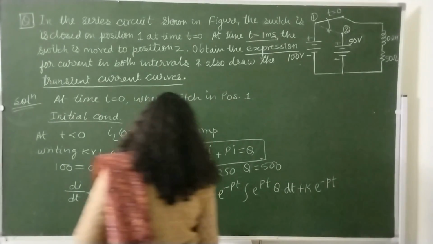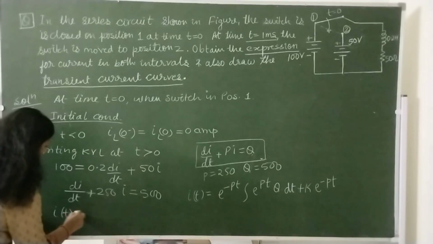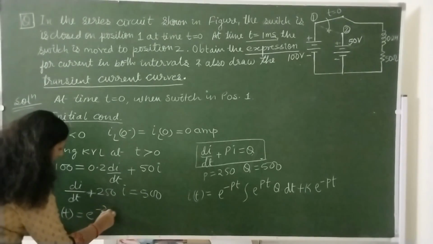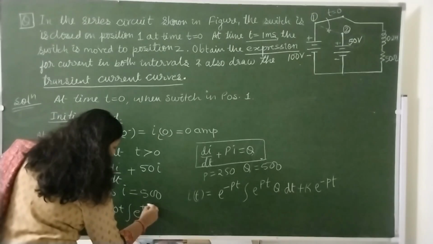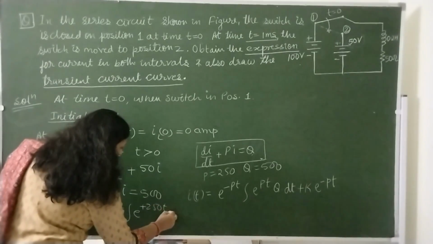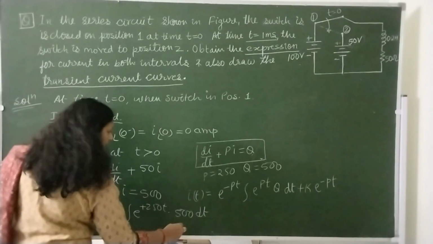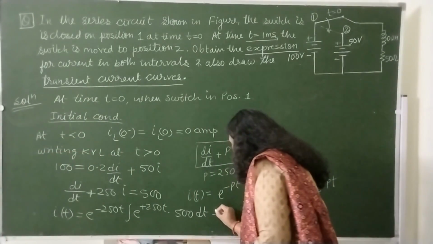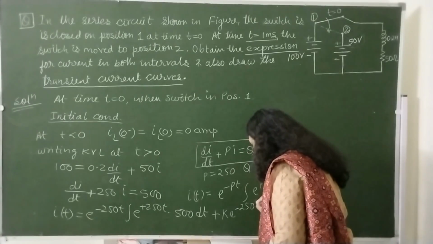So here i(t) equals e to the power minus 250t, integration of e to the power plus 250t multiplied by 500 dt, plus k e to the power minus 250t.